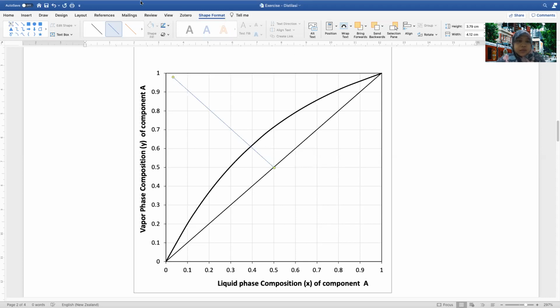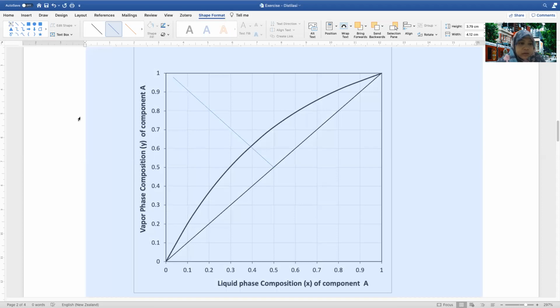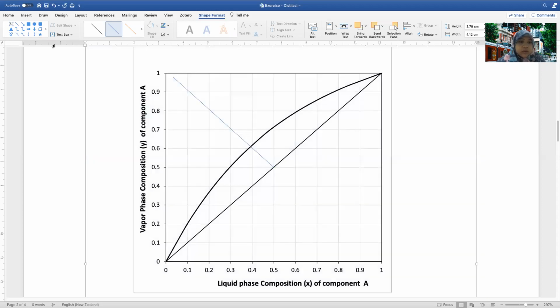And then let's make a point. Maybe this is the point of the distillate, the ZF, as well as the bottom.